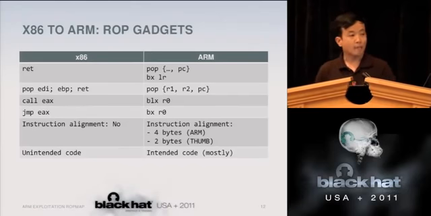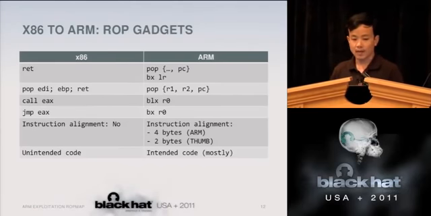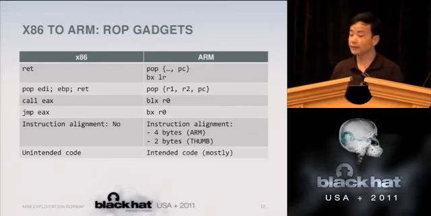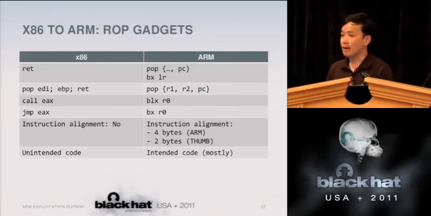For ROP gadgets, on x86 we are looking for the ret instruction. In the ARM architecture, its equivalent is pop something, then PC. It can be treated as a ret. BX LR also jumps to the link register.